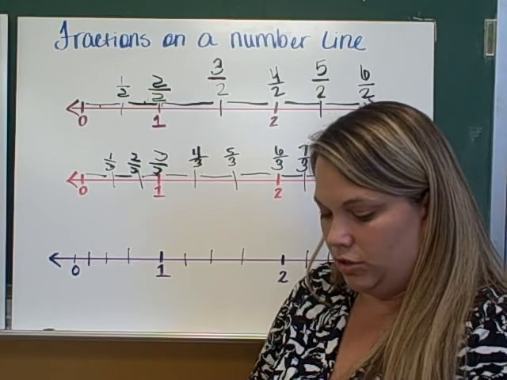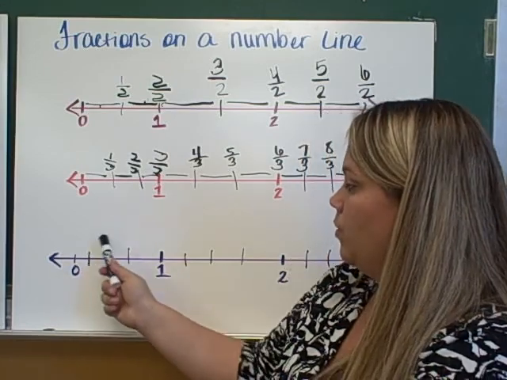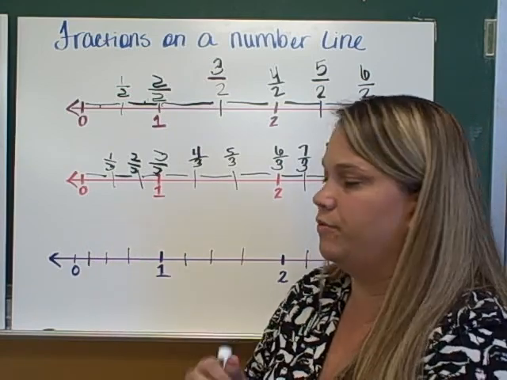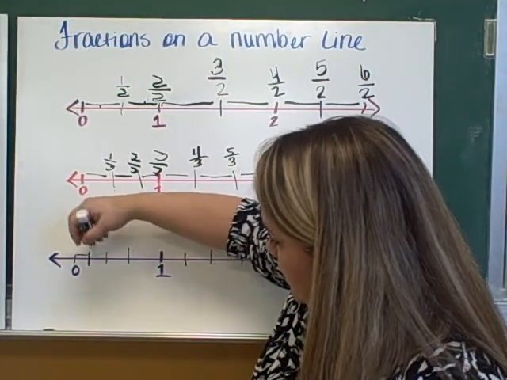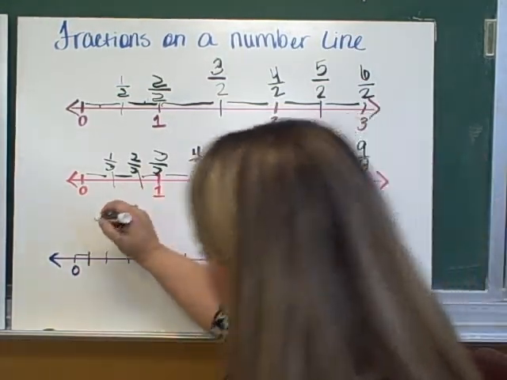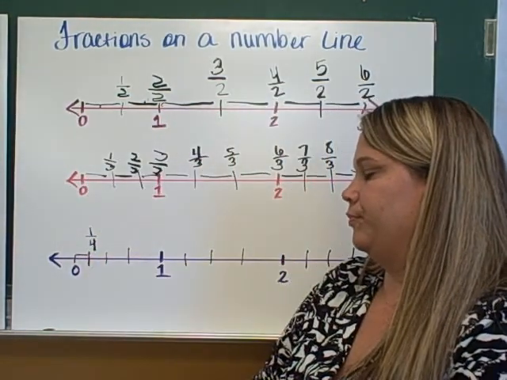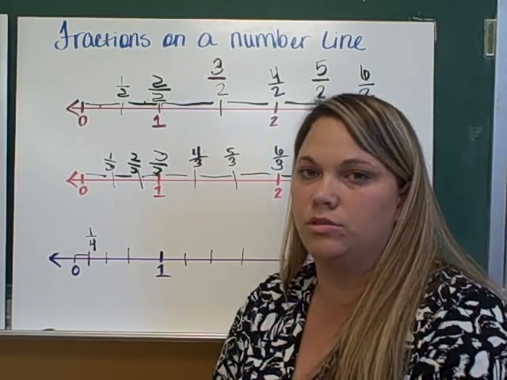Your job is to draw this number line, and I want you to show me what each of these spots is going to look like. I'm going to go ahead and do the first one for you. If I go 1 space, and this is divided into 4 sections, that's going to put me at 1 over 4. You go ahead and label the rest and bring it to class with you tomorrow.